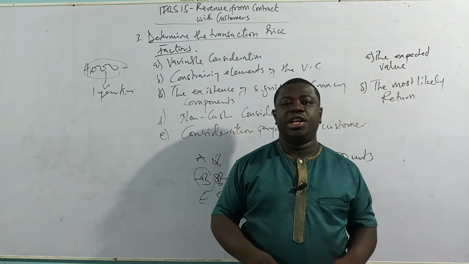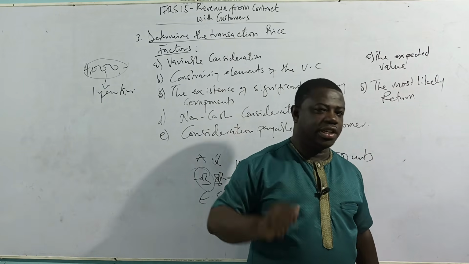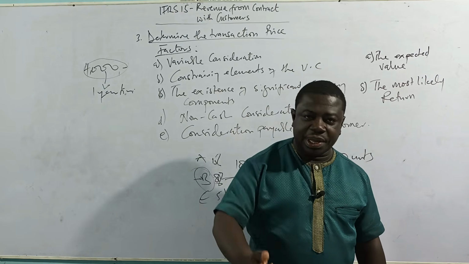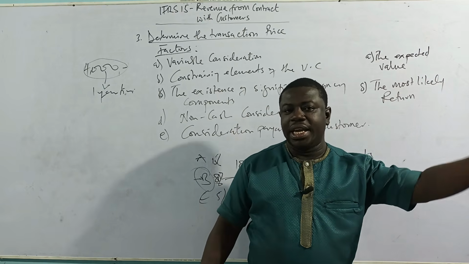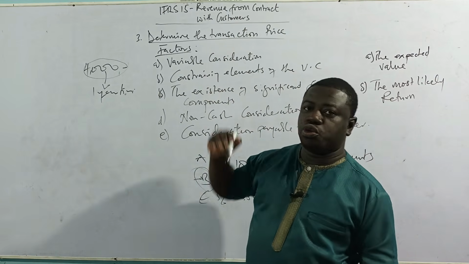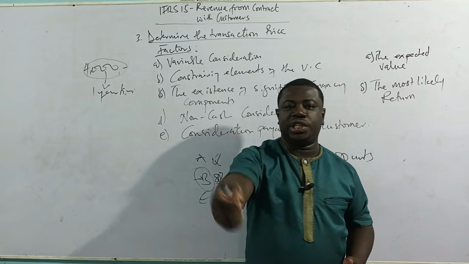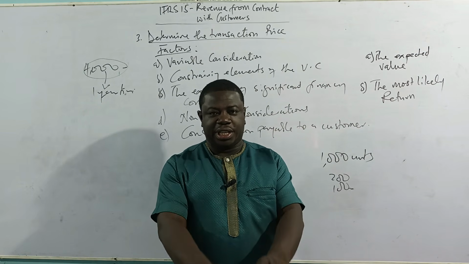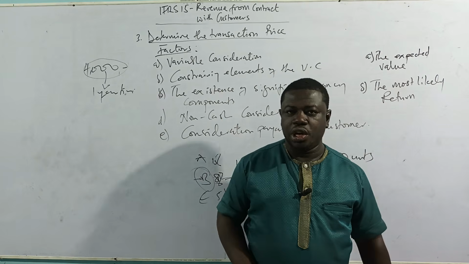When it happens, you are likely to pay some consideration to the customer to compensate them for what they have incurred. So the contract price will be reduced by the consideration that you are paying to the customer. And that will be better illustrated in the next question that I'm going to solve.